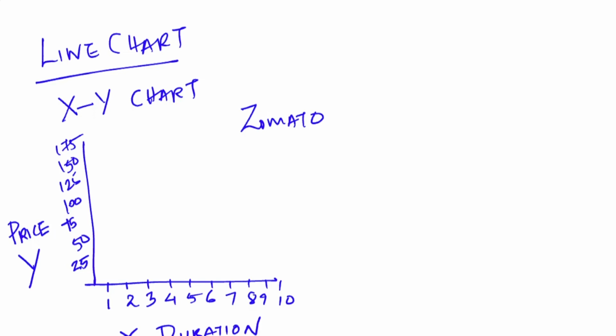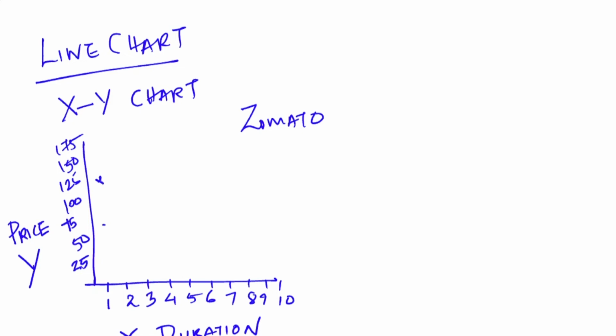So the overall duration is around 10 months and price is in the range of 175. In the case of Zomato, its IPO price was around 72, but it listed at around 125. Once it listed at 125, it was in the range of 125 to 135 for the first 3 months.